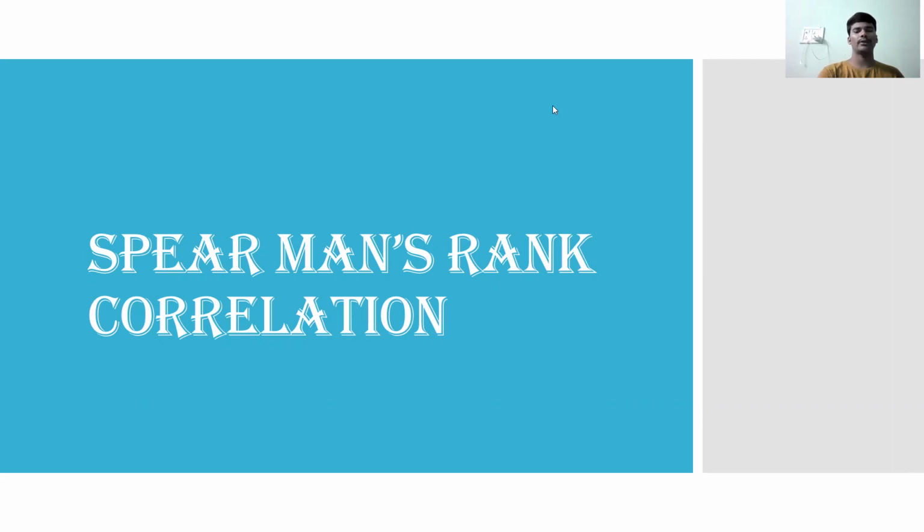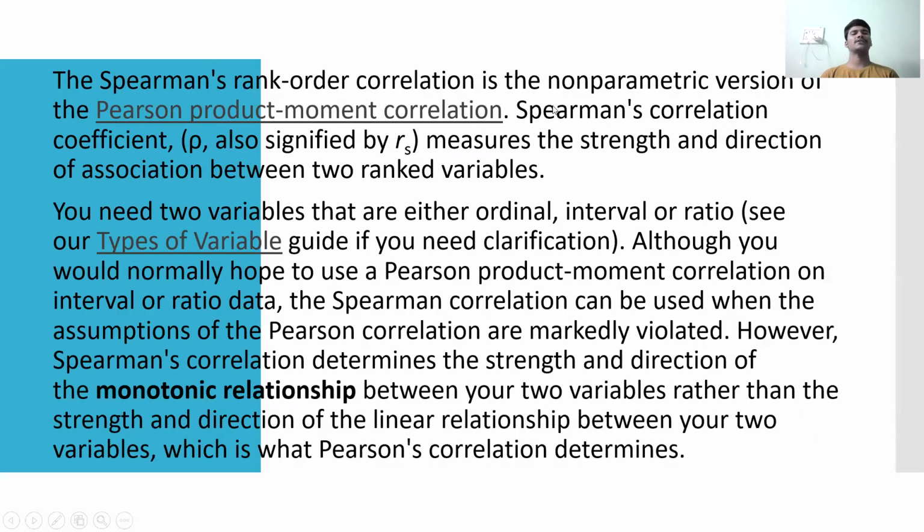Now we will get into the topic. First, we'll learn what Spearman's rank correlation is. The Spearman's rank order correlation is the non-parametric version of the Pearson product moment correlation. The Pearson product moment correlation is the major method used nowadays to calculate the correlation constant.